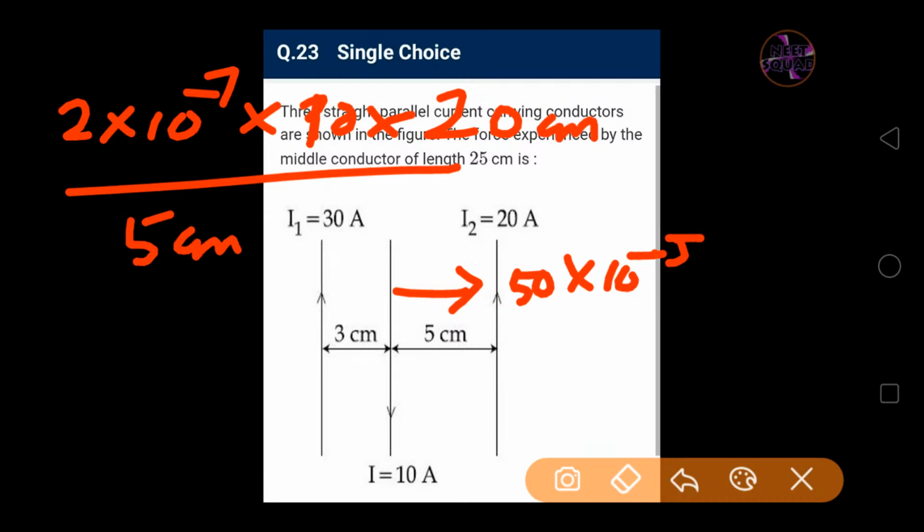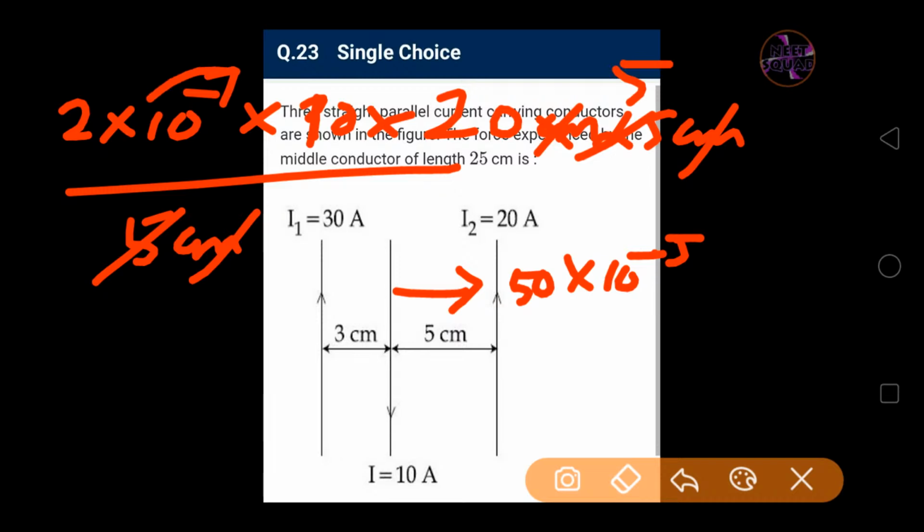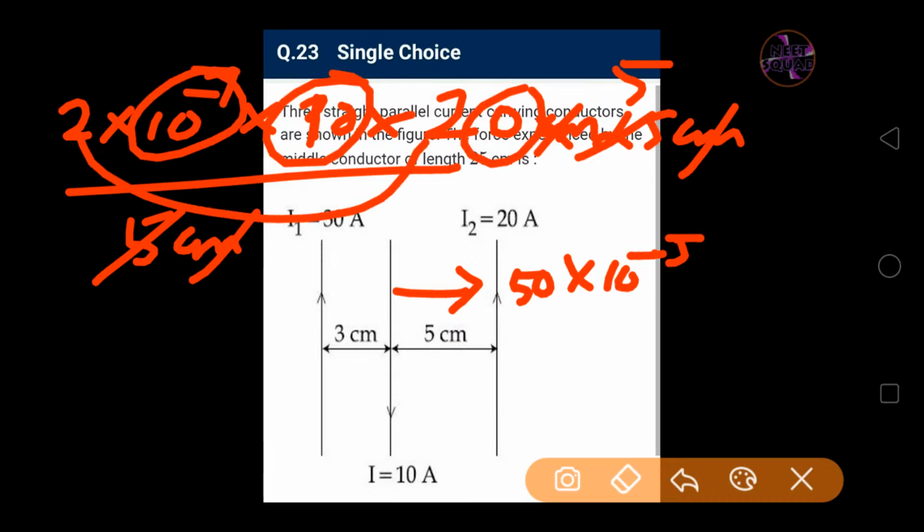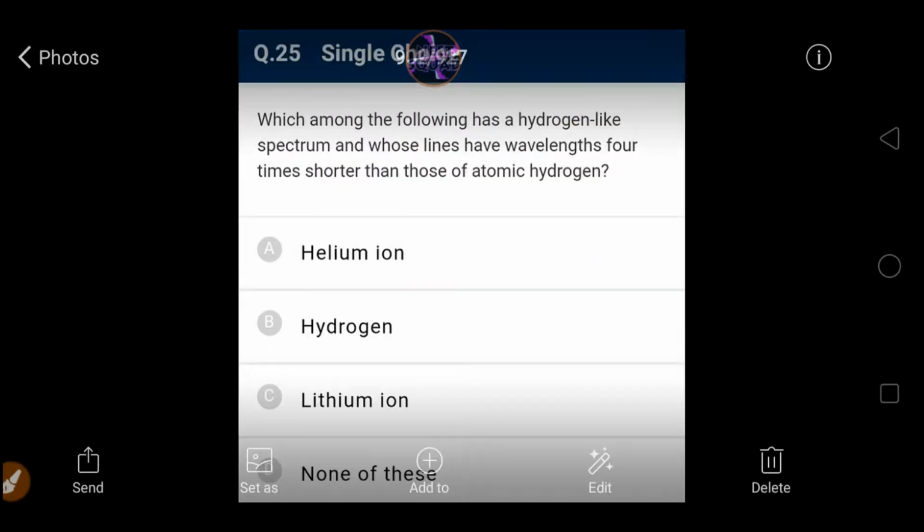L, you have forgotten, L is 25 centimeter. Centimeter cancels. So 5, this is also 5. So see this one and this 0. 2 2s are 4. 4 into 5, 20. So 20 into 10 power minus 7. The final force, sorry, 10 power minus 5. Right.